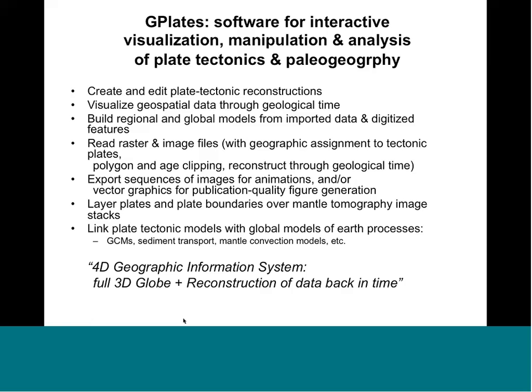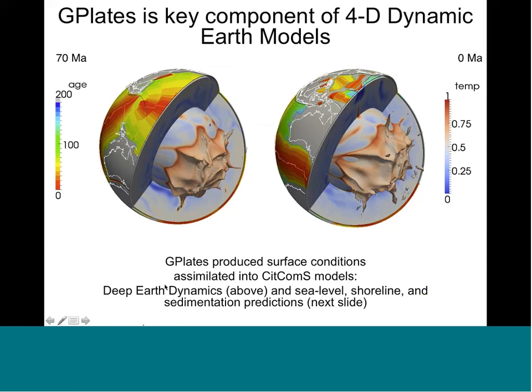So here's one of the big science drivers, especially for myself. One of the things that we're interested in is thinking about the whole Earth as well as the whole Earth as a function of geological time.